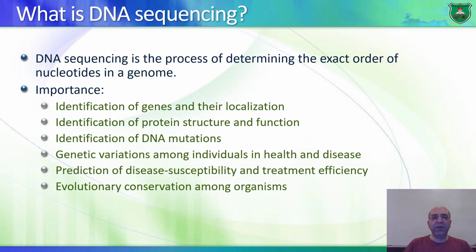By knowing the DNA sequence, we can identify protein structure and function. So if we identify a gene, we can identify the codons, and we can translate the codons to amino acids, so we would be able to know the sequence of the proteins. And by knowing the sequence of the protein, we can predict what the structure of this protein is.